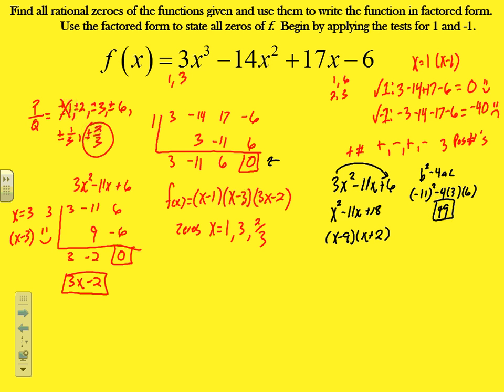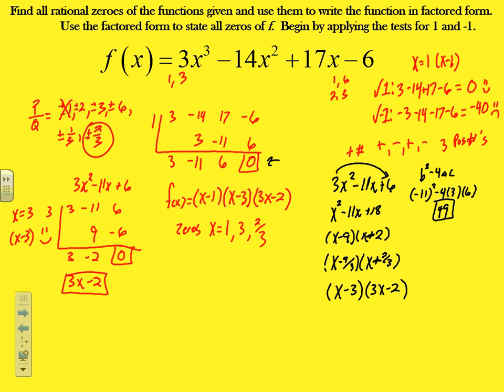Well, now we reintroduce the 3 as x minus 9 over 3 and x plus 2 over 3. And if they can simplify, they simplify. So x minus 3, and this doesn't simplify, so we would just write it as 3x minus 2. And that gives us the same two factors that we had there.